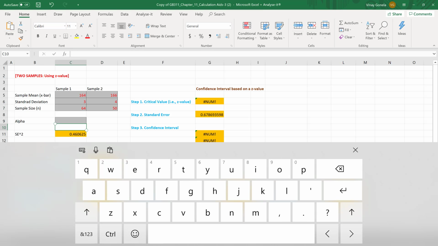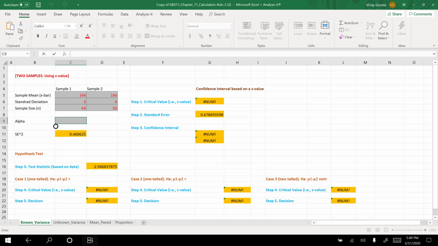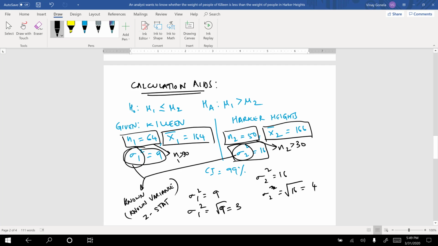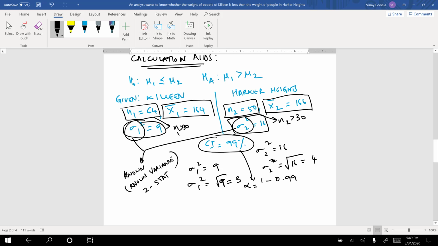And then alpha. They gave us a 99% confidence interval, so 1 minus 0.99 will be our alpha, so that gives us an alpha of 0.01. So I go here and type in alpha of 0.01.